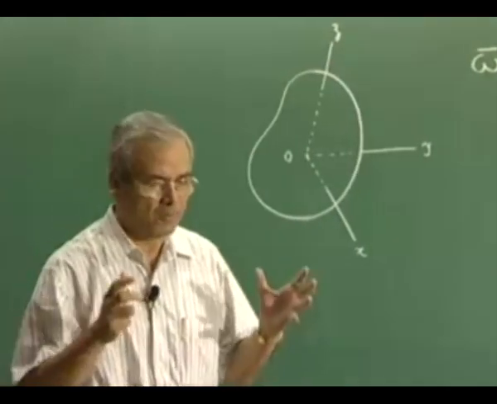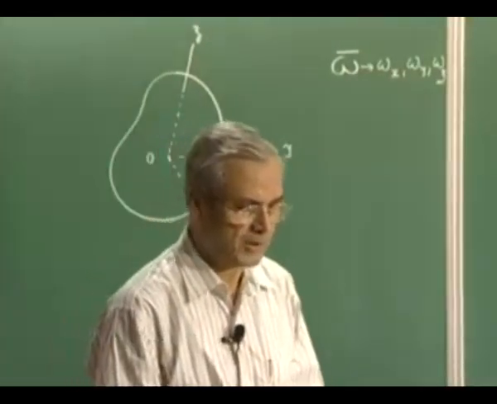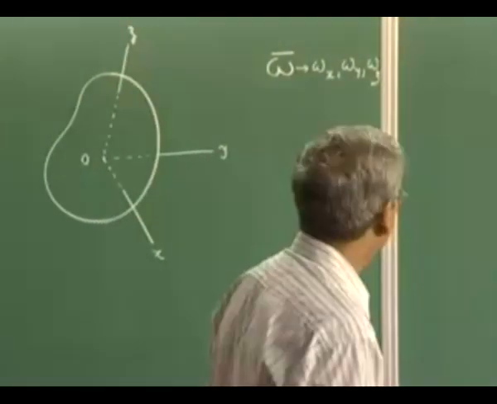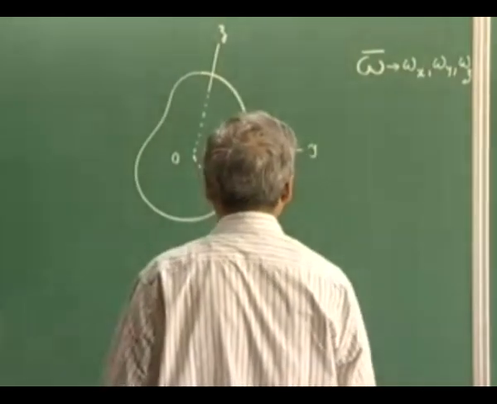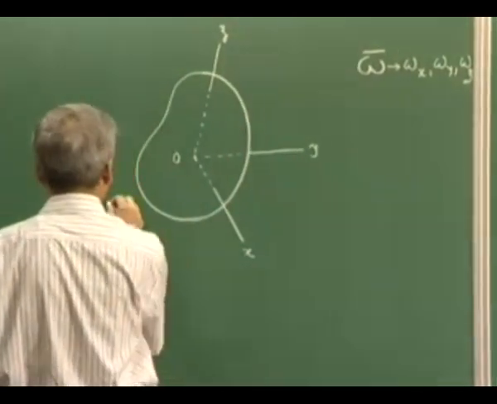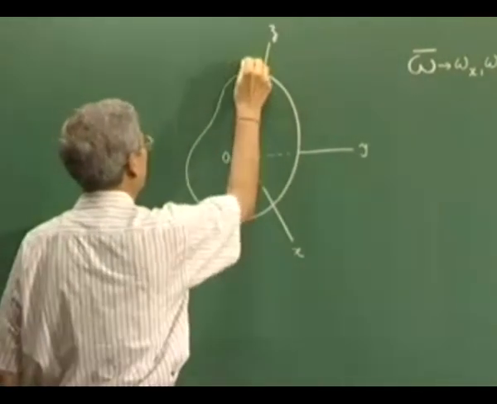So these are the components of the angular velocity of the rigid body along these 3 directions, small x, small y, small z.